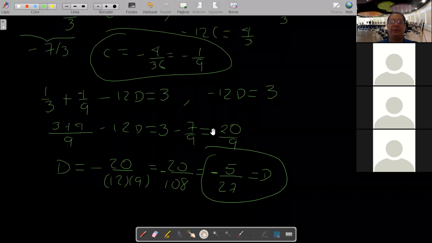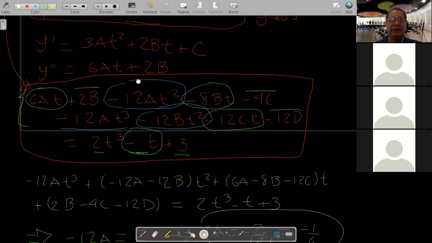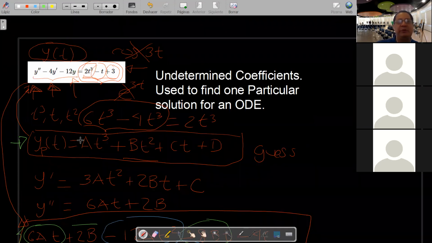Well, what we have done? We just guessed that our solution for this equation was a polynomial, a third order polynomial. We have a third order polynomial on the forcing function, so our guess will be a third order polynomial with undetermined coefficients.